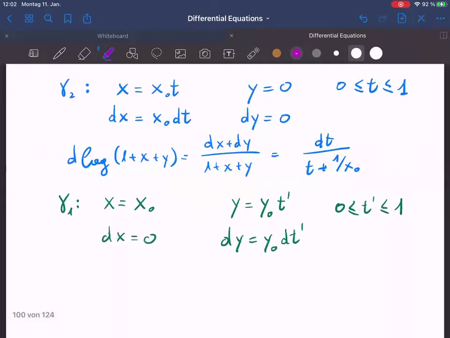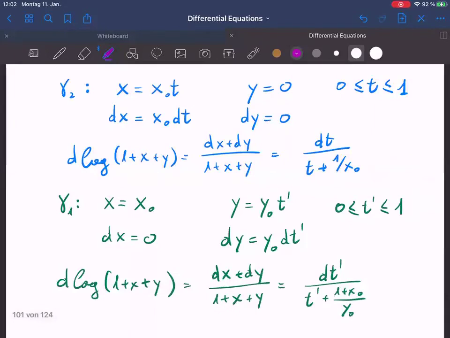You can do the same on the vertical path. So x equals x0. x0 is a constant, so dx is 0. d of the constant is 0. y is y0 times t prime, so dy is y0 times dt prime. And now you can again write d log 1 plus x plus y in terms of these coordinates.